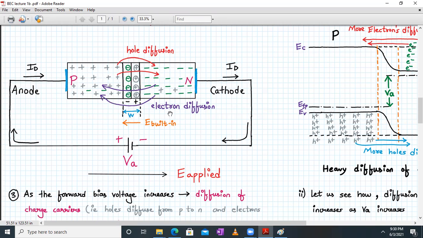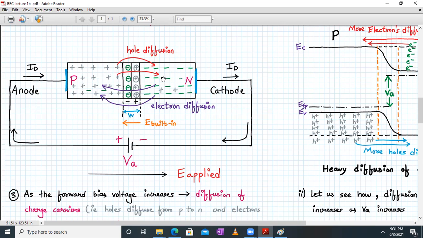When we say that the holes are being diffused towards the N region, we are saying that minority carriers are being injected. That means electrons from the N side are being injected into the P side. Electrons are majority carriers in the N side, but as they travel into the P side, they are minority carriers. So we are injecting minority carriers as we apply more and more forward bias voltage.